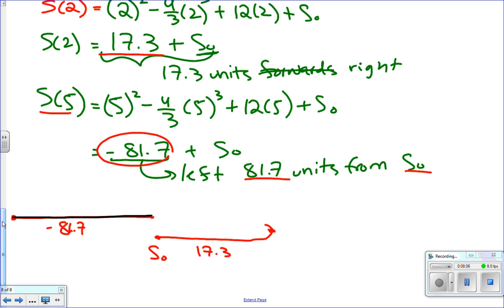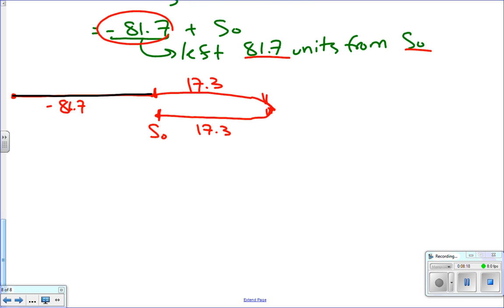Okay, and let's discuss this distance right here. That distance actually is the same as 17.3. This is equal to down here. Okay, so let's actually calculate this distance now. So the distance after 5 seconds, the total distance, is equal to 17.3.